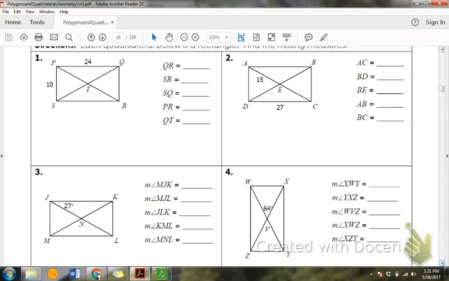All right, if PQ is 24, what else do we know? SR is also 24. Okay. Braxton, if PS is 10, how much is QR? 10. All right, so we have satisfied the first two.